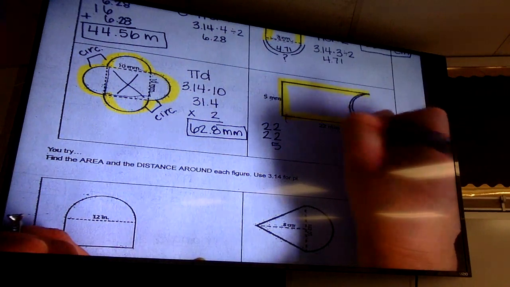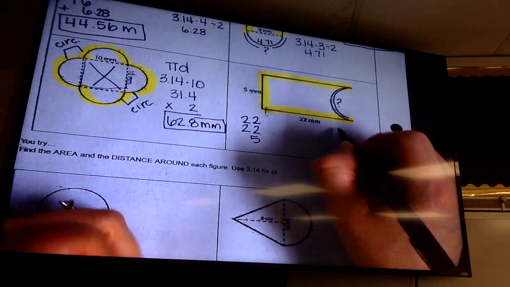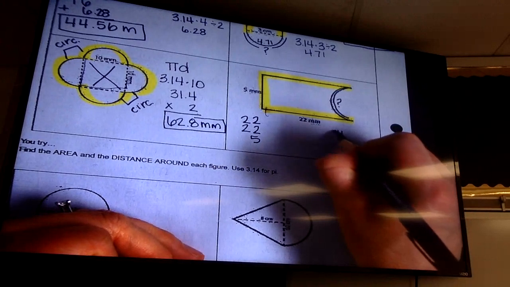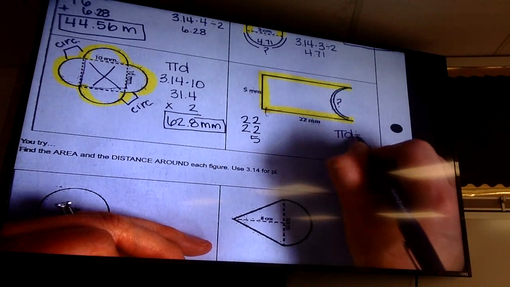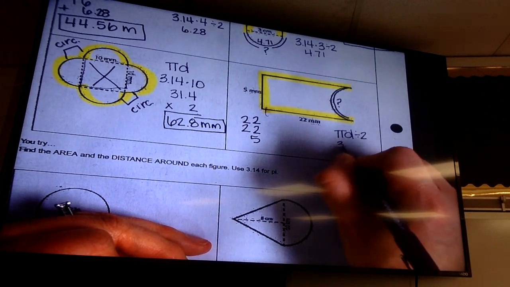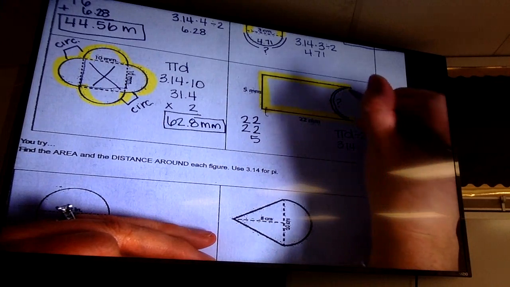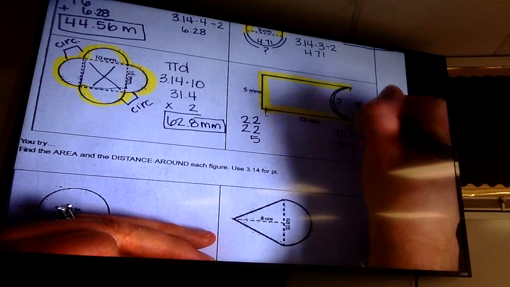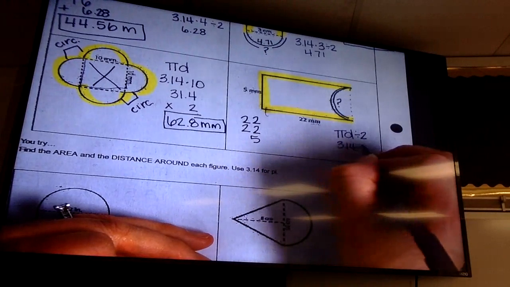Now I need to find this semicircular arc. So that's where my formula is going to become involved. To find that arc, I need to take pi times diameter, and I need to divide it by 2 since it's a semicircle. So I have 3.14 times, what's my diameter? Well, if this side is worth 5, then that side would have to be 5.